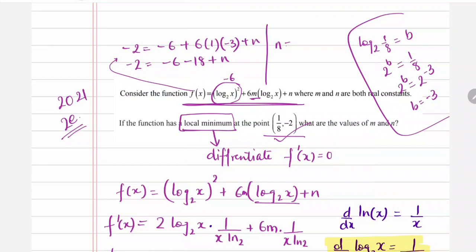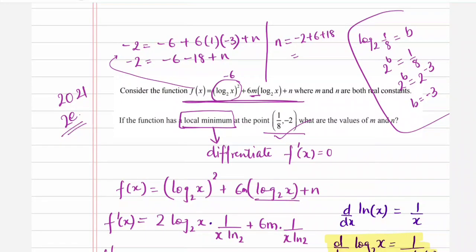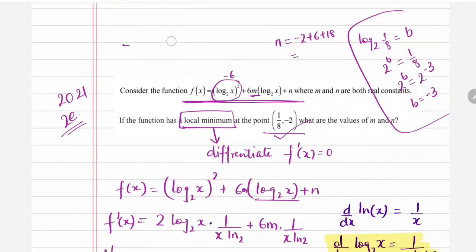So n will equal minus 2 plus 6 plus 18, which ends up as something. No, I did something wrong. Let's take that off. So let's put those values back in and see what we get.